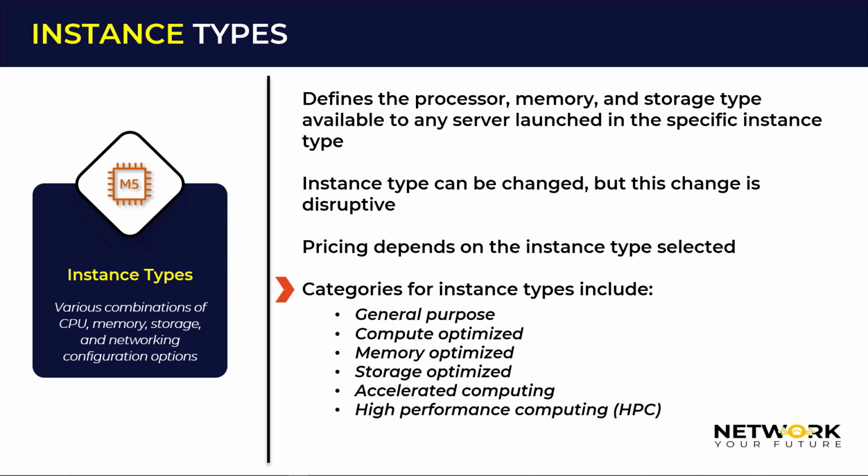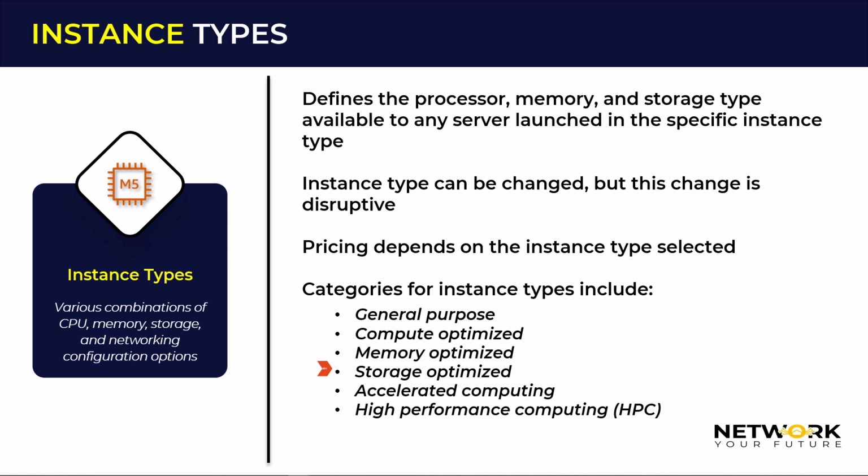Currently, there are over 275 instance types available in AWS, and these can be grouped into the following categories. General purpose instances typically provide the right amount of processing power for a wide variety of use cases, while compute optimized instances are ideal for intensive computing use cases such as scientific modeling, data transcoding, dedicated gaming servers, or high performance web servers.